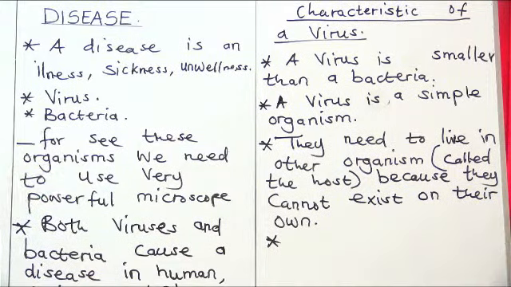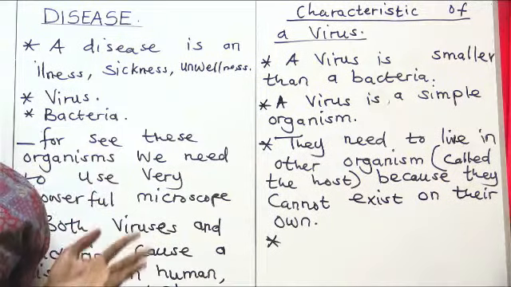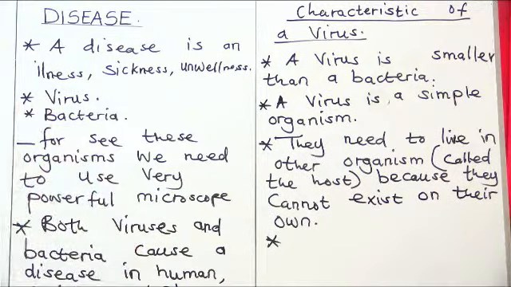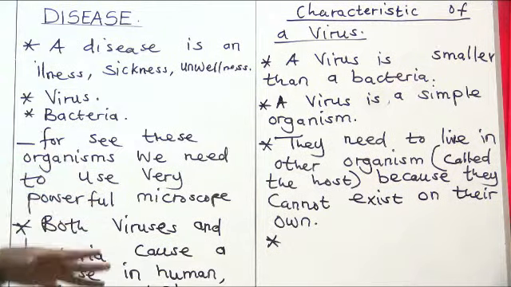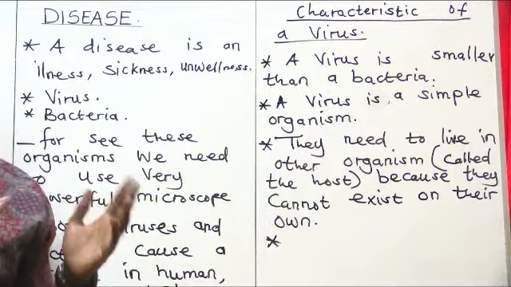The reason why coronavirus has affected people is because of the characteristics of a virus: they reproduce faster than the bacteria. They cannot exist on their own, but they need another organism for them to exist.